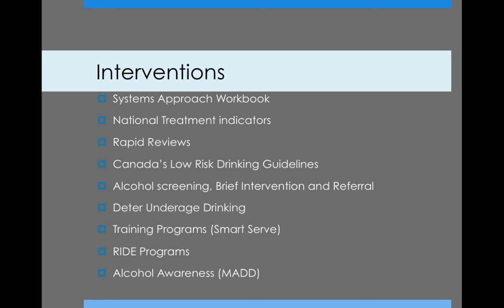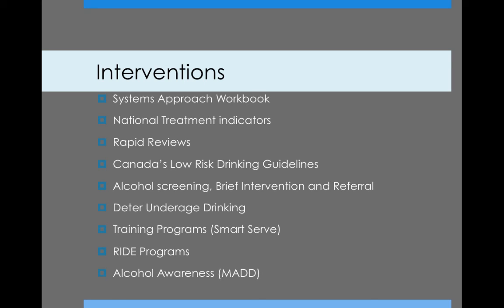The Systems Approach Workbook helps to deal with substance abuse problems in Canada through improving collaboration, communication, and coordination between all sectors of the government which deal with harms associated with substance abuse. And then rapid reviews are just to help, again, to decide what treatments are working and what isn't working.